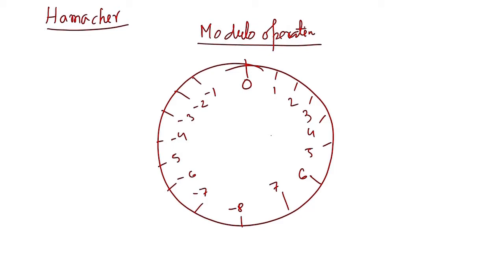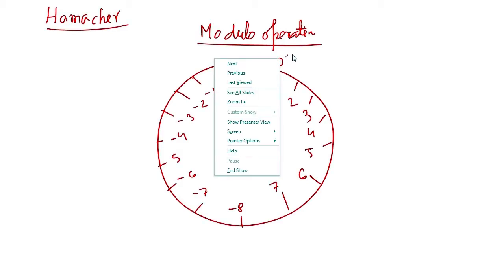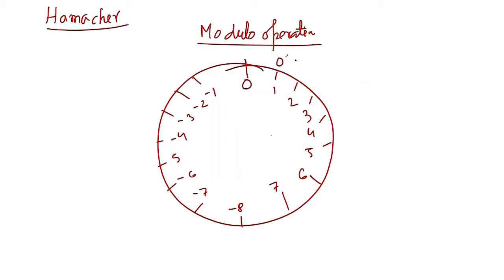Now we represent these in 2's complement. So this will be 0 0 0 0, this will be 0 0 0 1, this will be 0 0 1 0, this will be 0 0 1 1, this will be 0 1 0 0, this will be 0 1 0 1, this will be 0 1 1 0, this will be 0 1 1 1.